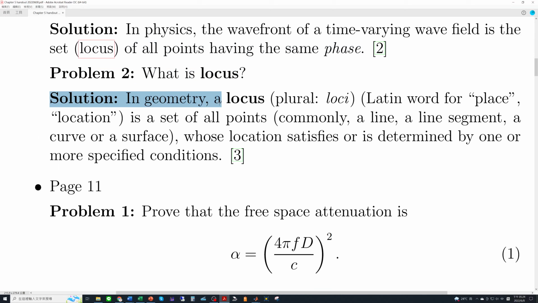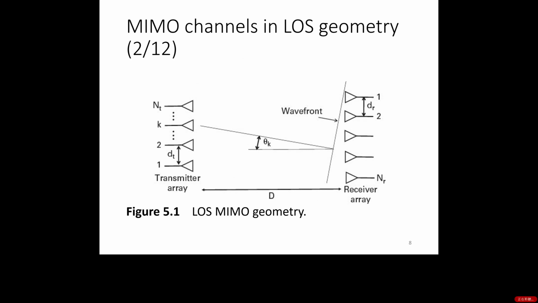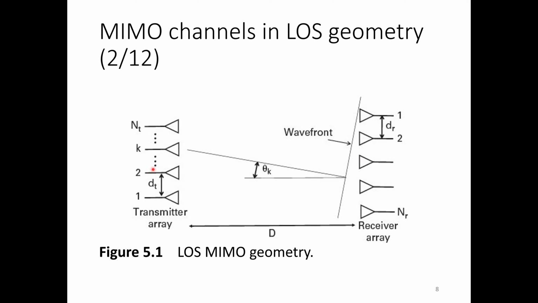In geometry, a locus, plural loci, Latin word for place or location, is a set of all points, commonly a line segment, a curve, or a surface, whose location satisfies or is determined by one or more specified conditions. Let us go back to the slides.